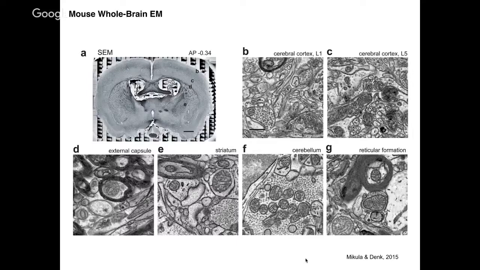So if we look at the SEM through a full coronal slice through the mouse brain, we would see something like in part A. And we can zoom in on each of the regions, starting from the periphery of the brain, and just work our way inwards from B to E. And so we see different structures: the cerebral cortex, white matter, the external capsule, striatum, and also some additional areas that aren't shown in part A, such as the cerebellum and reticular formation. And all of these showed high membrane contrast and appeared suitable for reconstructing circuits.